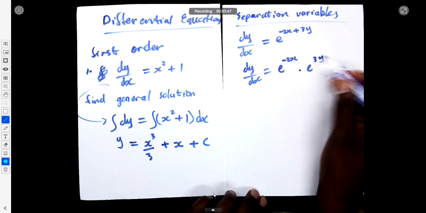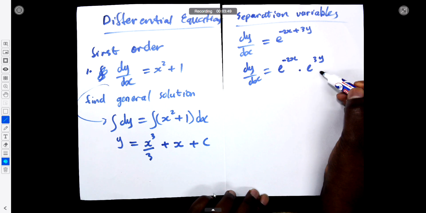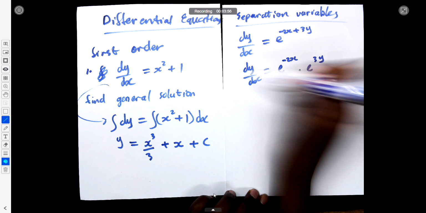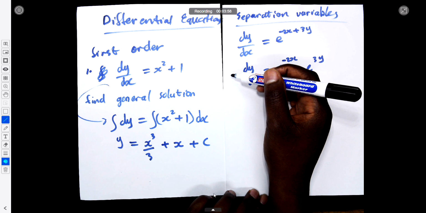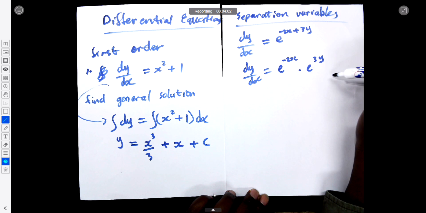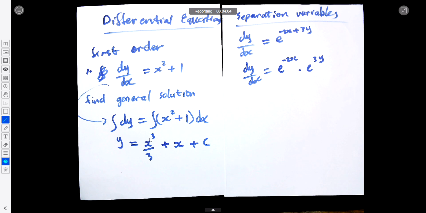If we want to get rid of this, we have to divide by e to the power of 3y, or multiply by e to the power of negative 3y on both sides. Let's hope my handwriting is clear here. So if I multiply by e to the power of negative 3y on both sides, even on the other side, e to the power of negative 3y.